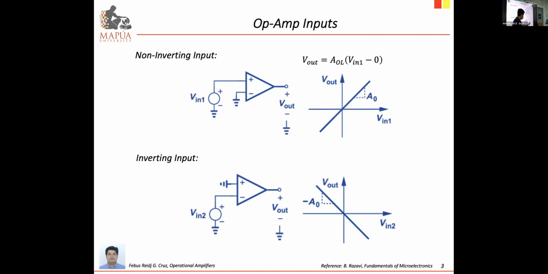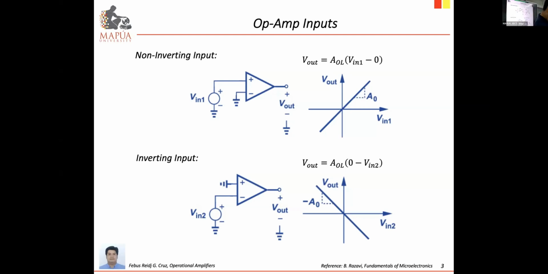While when it is positive, the output becomes negative. So you have a 180 degrees out of phase or phase reversal. So based on this example, Vout would be open loop gain with positive equal to 0, and then you have the input voltage. So the output will always be the negative of the input 2, right?